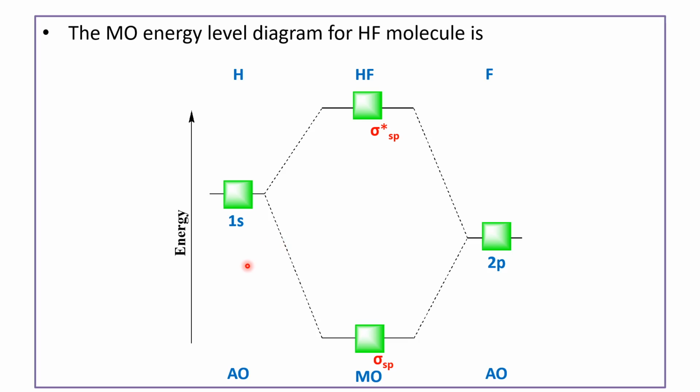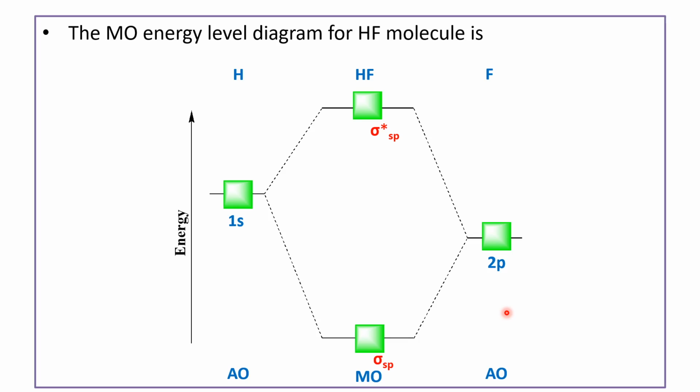So we can say that the 1s orbital of hydrogen and the 2px orbital of the fluorine differ in energy, right? And as they differ in energy, there will be lack of symmetry in the MO energy level diagram, and hence we can say that the HF molecule is a polar molecule, and hence the bond formed will be a polar covalent bond.